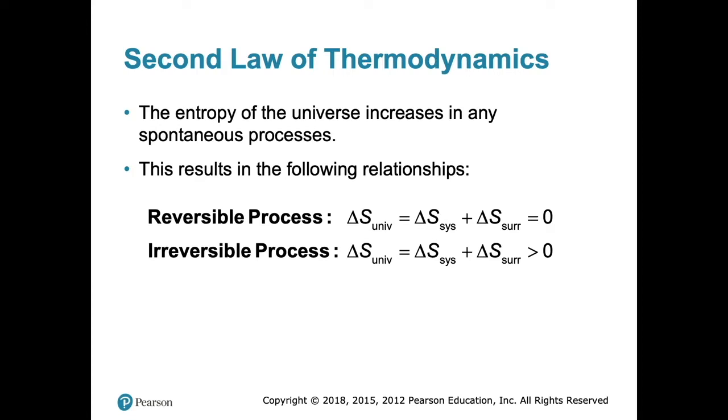But if you have an irreversible process, it is the same thing, but this time it's greater than zero. So we can relate that to delta S, delta G, and delta H in a second.